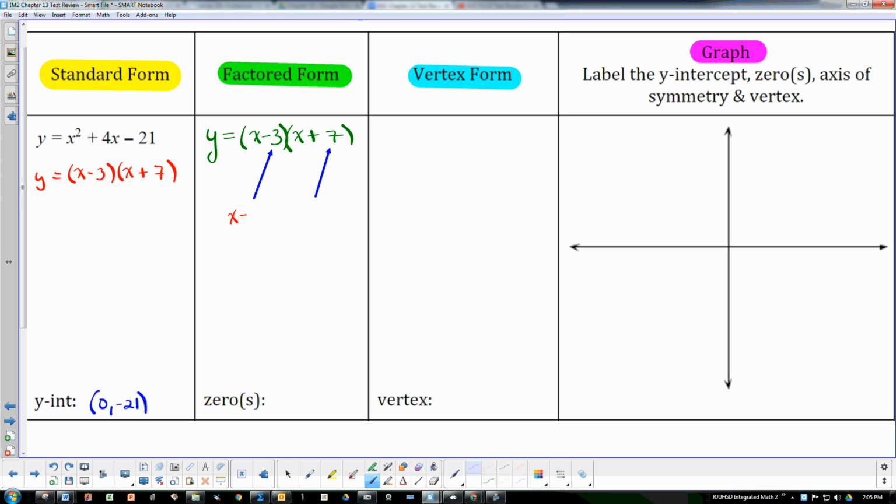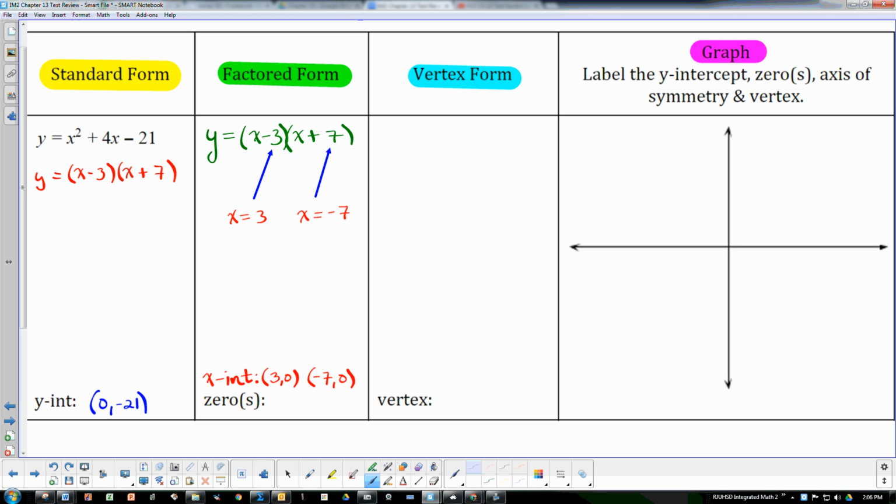So this is really x is equal to 3, and this is x is equal to negative 7 if you use the zero product property. All right, that's how we get those two zeros. I'm going to write them in x-intercept form for now. You could write them as x equals 3 and x equals negative 7, but we're going to go 3, comma 0 and negative 7, comma 0.